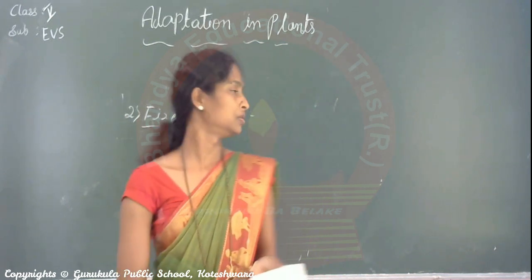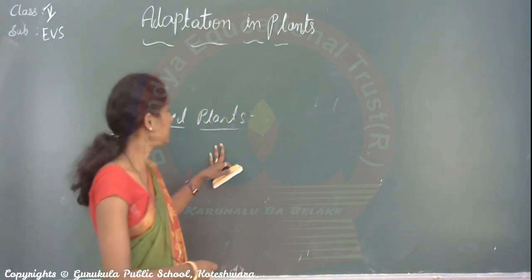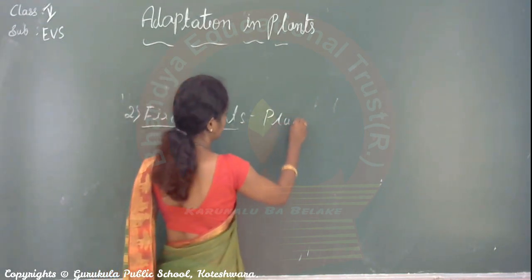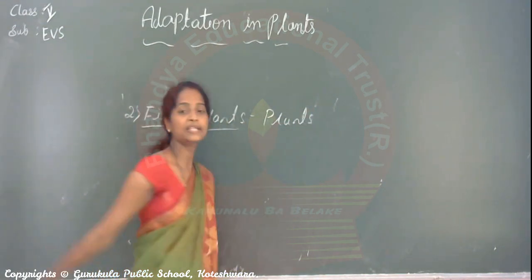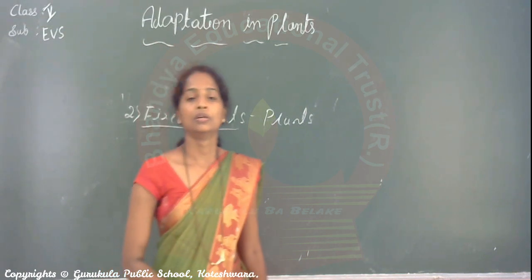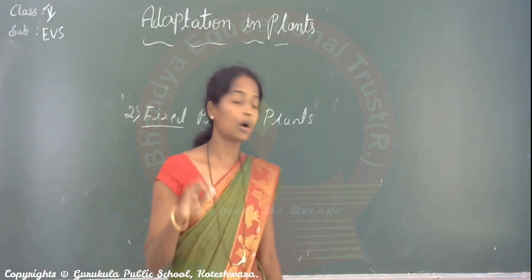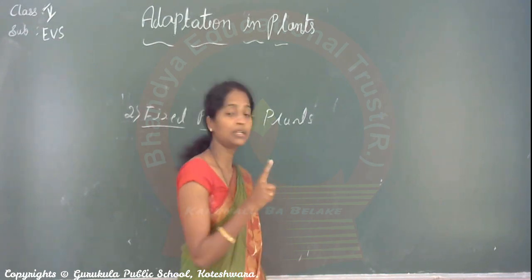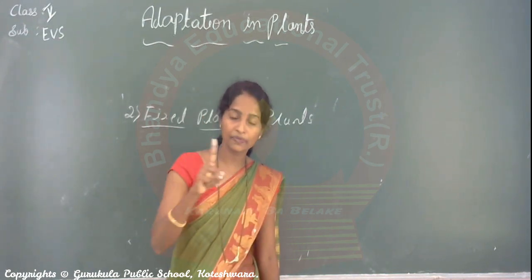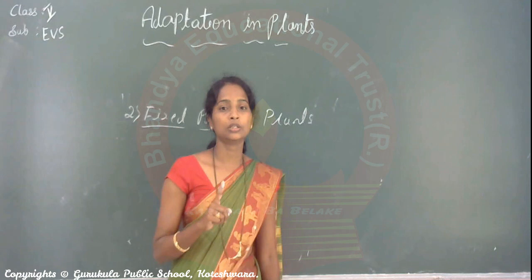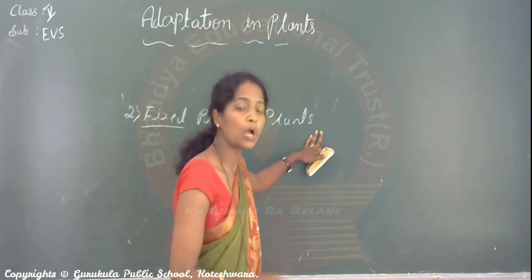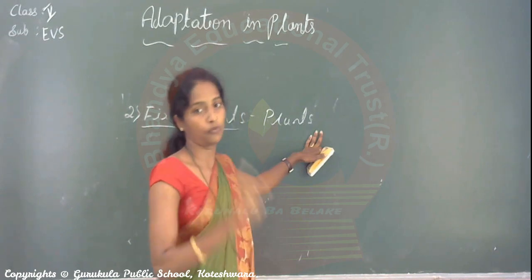Fixed plants are plants that float on the surface of the water, but don't move along with the flow of water.